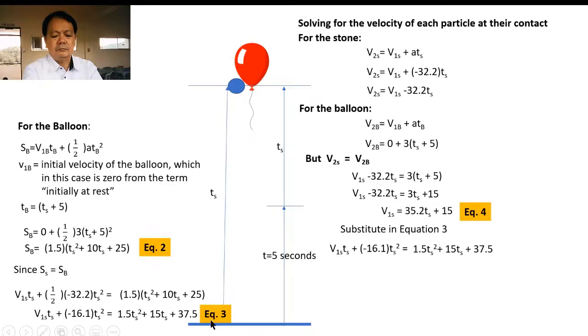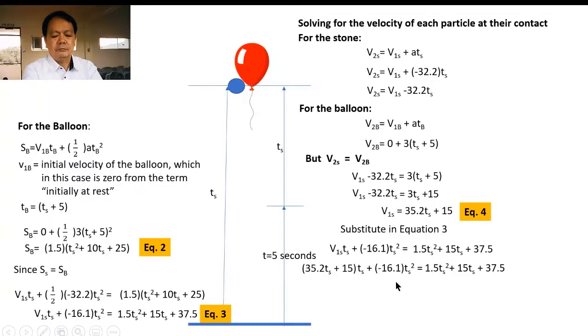I actually just copied that from equation 3. If V sub 1S, which is equal to 35.2 Ts plus 15, is substituted here, then that becomes 35.2 Ts plus 15 multiplied by Ts, minus 16.1 Ts squared, shall be equal to the left hand side of the equation.